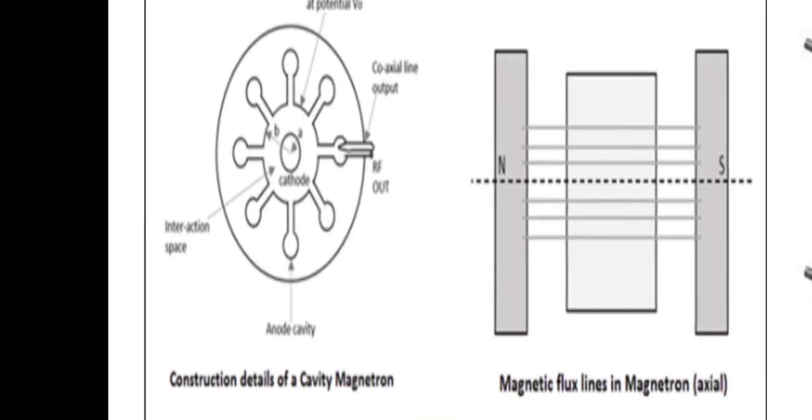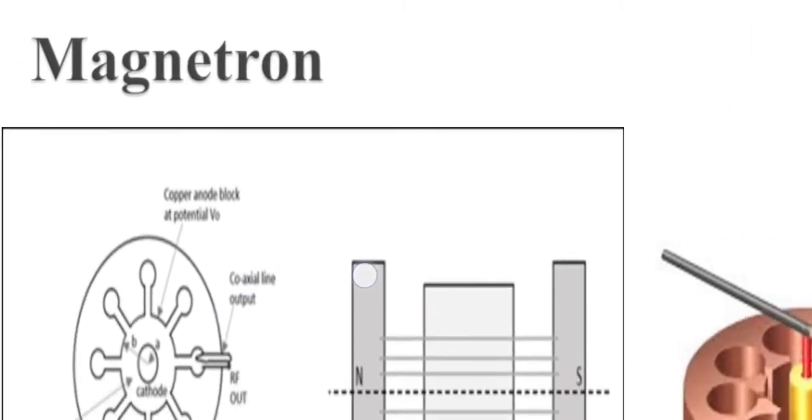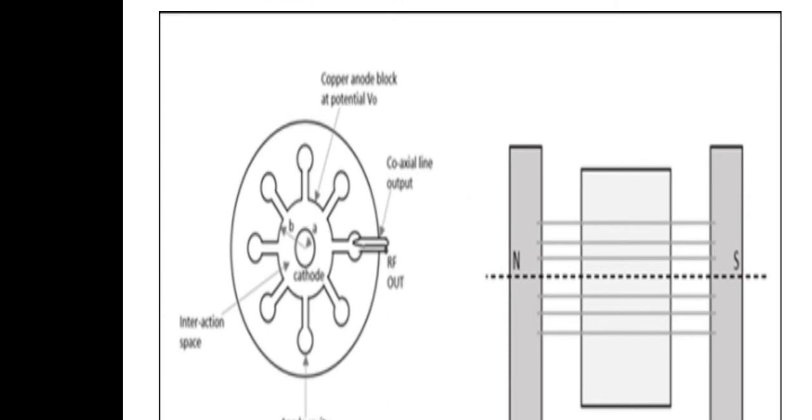So here you can see this circle which consists of the anode, the inner circle, and this outer circle which consists of the cathode, and the gap between these two is a space, and here the cavities are connected, which is called the anode cavity.